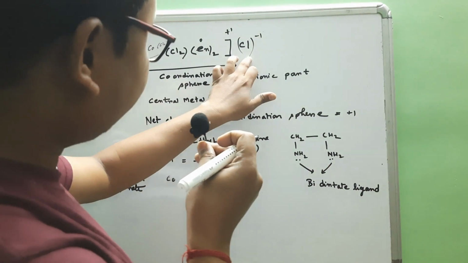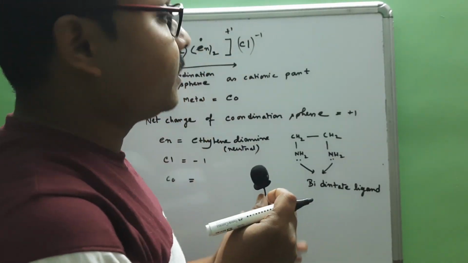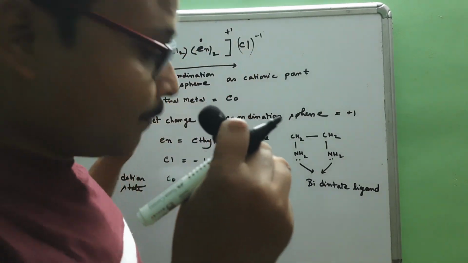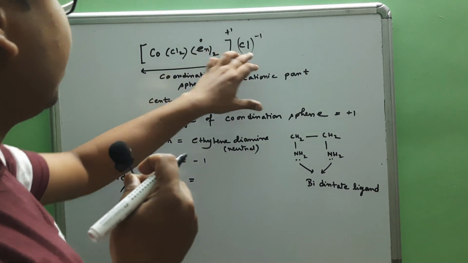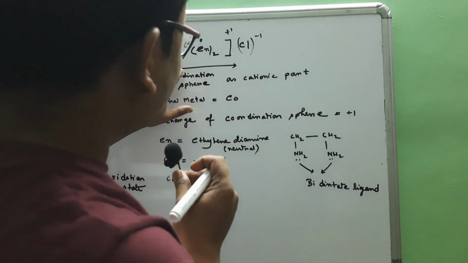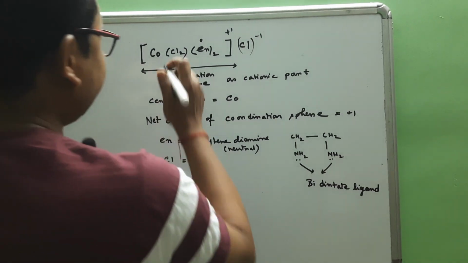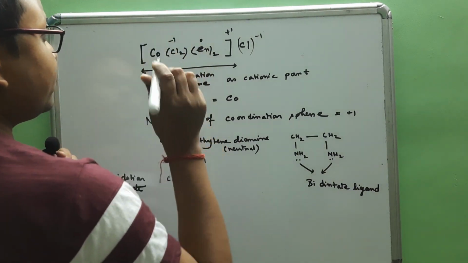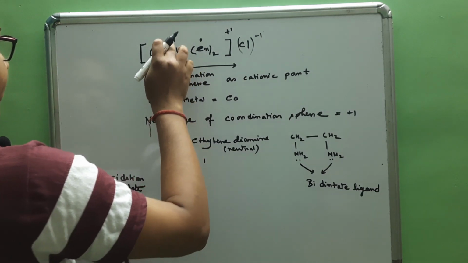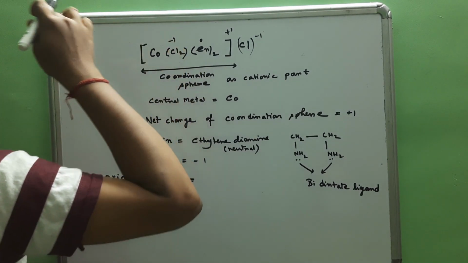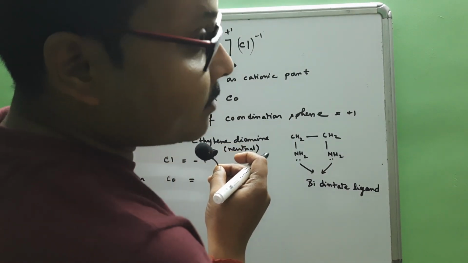This chloride ion and these chloride ions are different. This chloride ion is outside the coordination sphere, and these two chloride ions are inside the coordination sphere. Each is -1, so from two chloride ions it is -2.